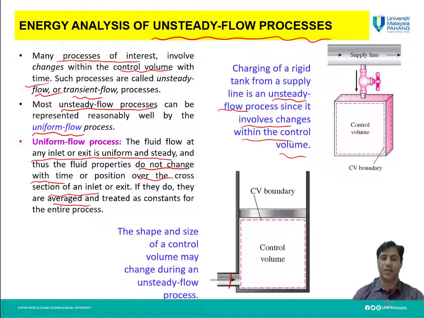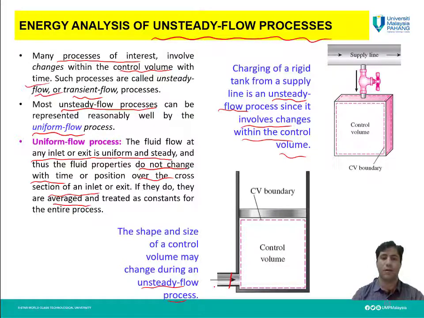Here we have a control volume because mass is crossing the boundary of our control volume, and this is an unsteady flow process because the flow is actually unsteady.